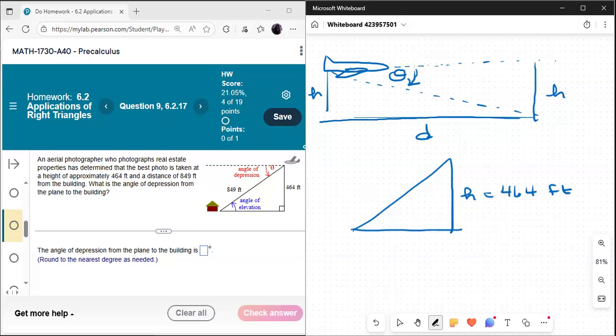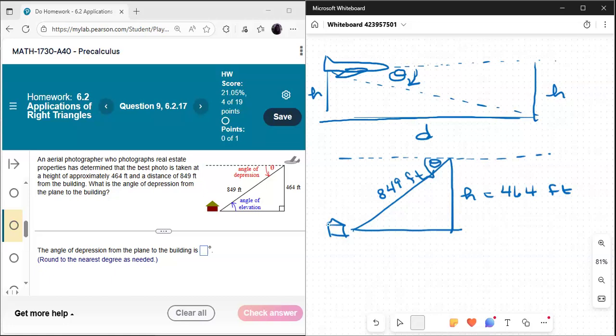So from the building to the plane is 849 feet. Okay. So the angle of depression is formed from the horizontal. Okay. So that angle right there, that's what they want to know.